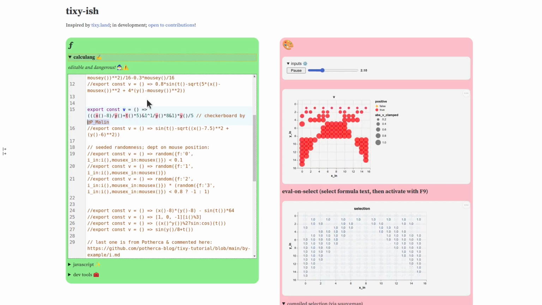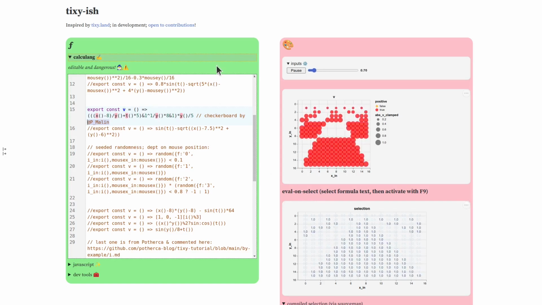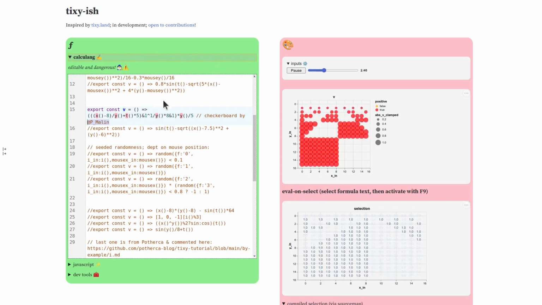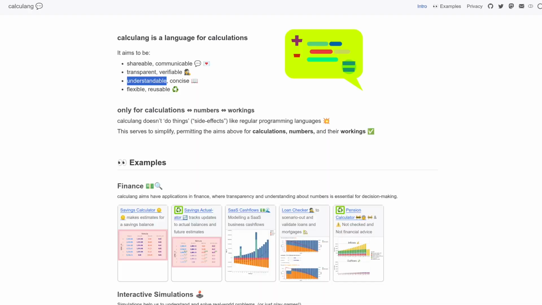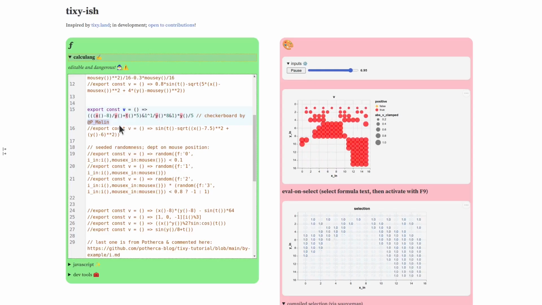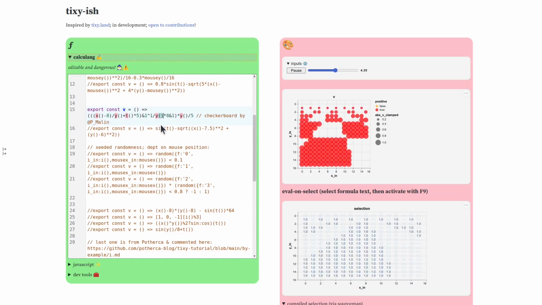I like this eval on select, because this is something that calculang is deficient at. When I speak about calculang, I talk about transparency, flexibility at the formula level, but this is helping us to go inside the formula and evaluate little bits.